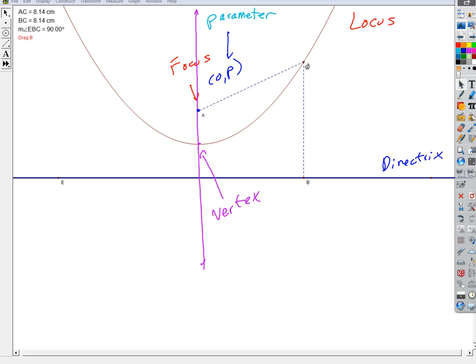That truly is a variable, isn't it? Because it could be there, or it might be up there, or it might be right there, right? Those are all part of the same parabola. So what coordinates do you suppose I should give to C then? X, Y, yeah. Because X and Y are going to be variables even for a given parabola. You see the difference? Okay.